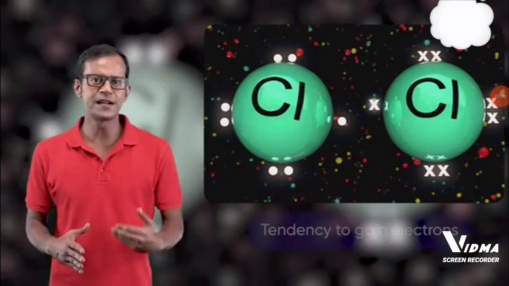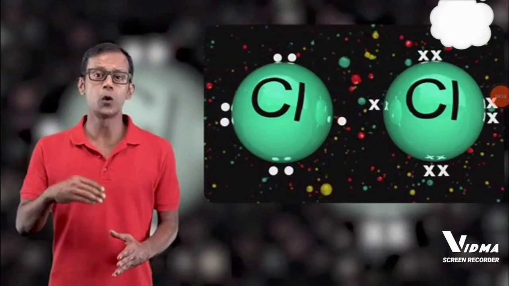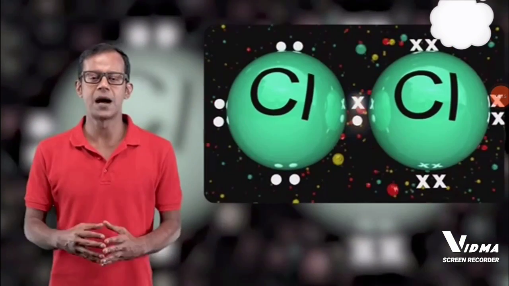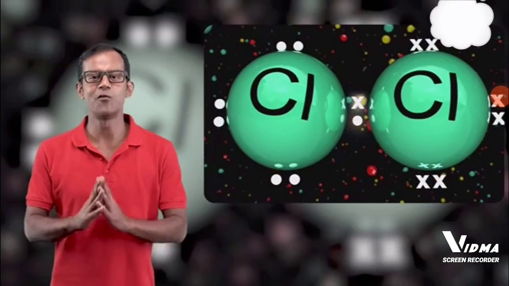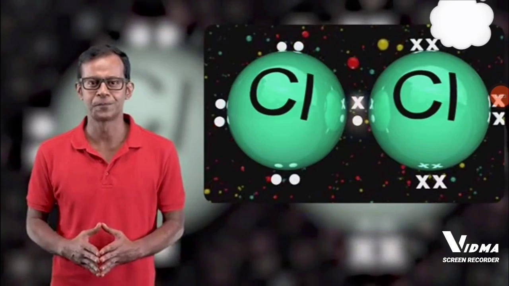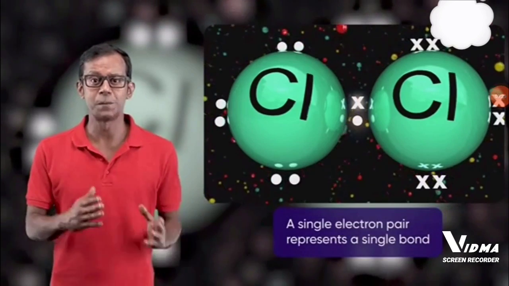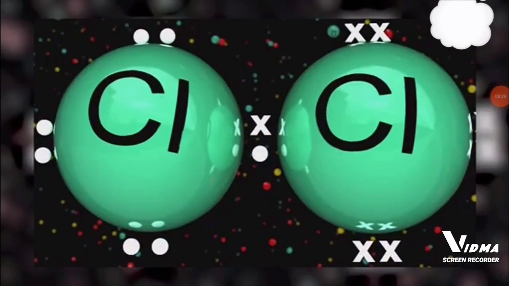Both the atoms have the tendency to gain electrons. The two chlorine atoms on combining form a pair showing one dot and one cross, representing a covalent bond. A single electron pair represents a single bond.